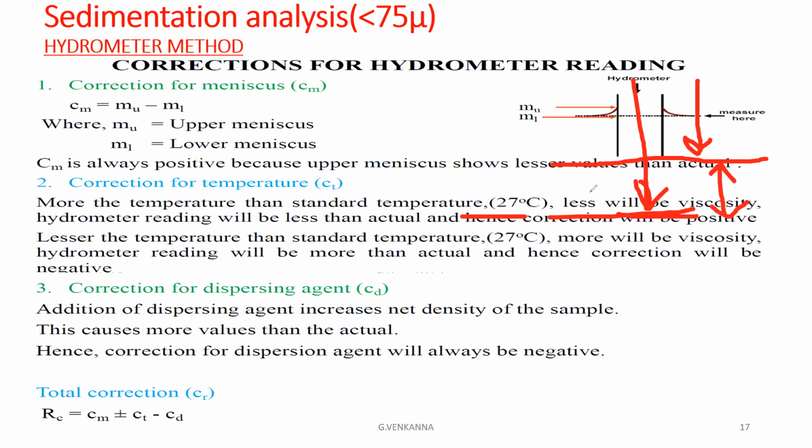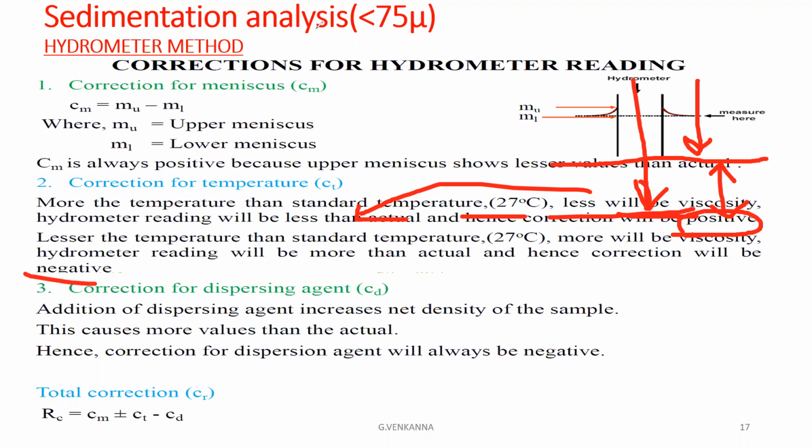So as the temperature increases, the hydrometer goes deeper and deeper, and we get lesser values. When we get lesser values, we have to add a positive correction. Whenever the temperature is more, the temperature correction is positive. Whenever the temperature is less, the correction for the hydrometer reading is negative.